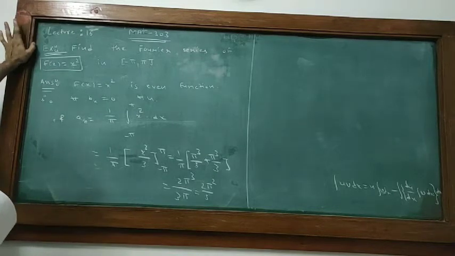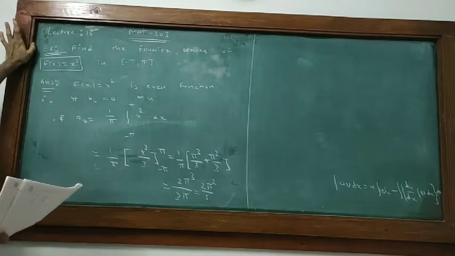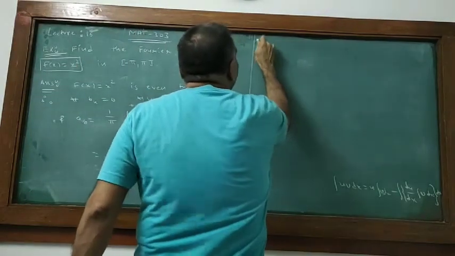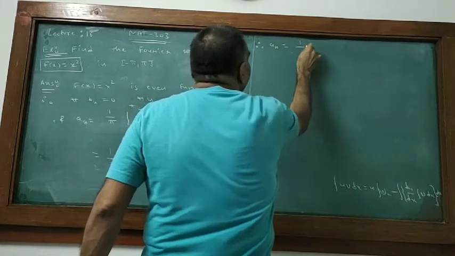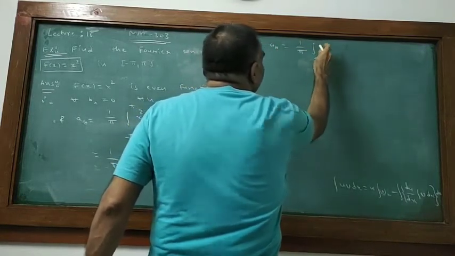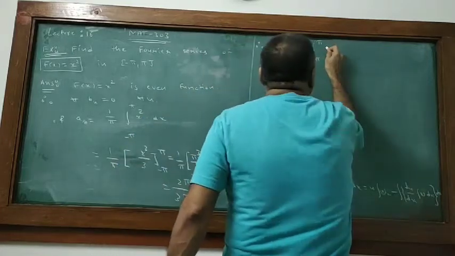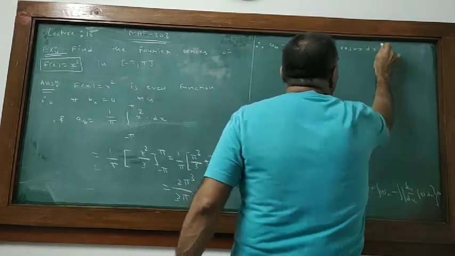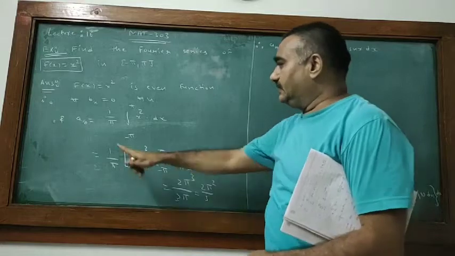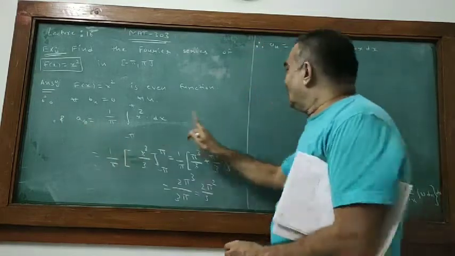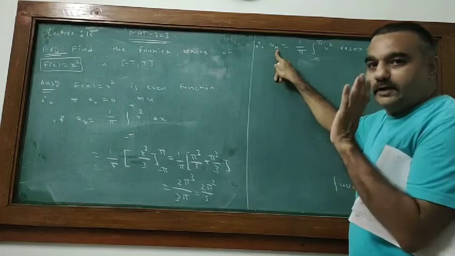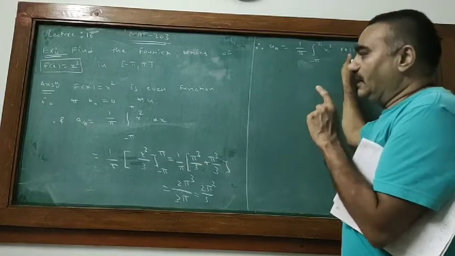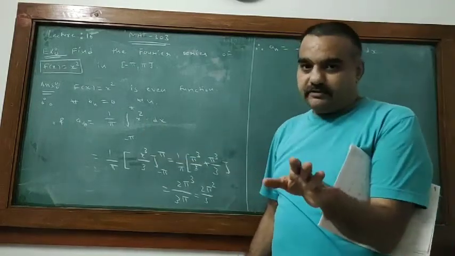Next we want to find the value of an. See here, this is 0. This is n, which means it is for all n. If you put n equal to 0, this will be cos 0, and cos 0 is 1, so it is not in calculation.